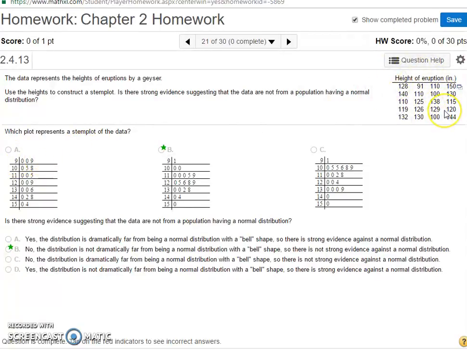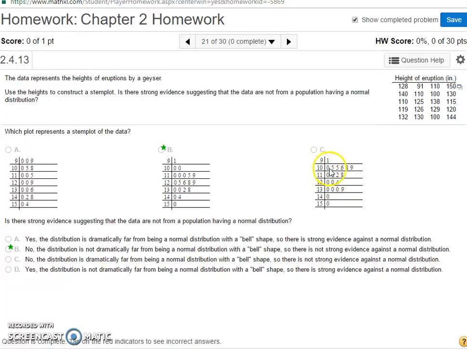Do I have 2 90s and a 99 in my data set? I don't. The only 9 I have for 90s is 91. So that tells me either B or C could be correct. But then I get into my hundreds. And this tells me I have 100, 100, 100, 100. So that tells me I have 2 100 data points.